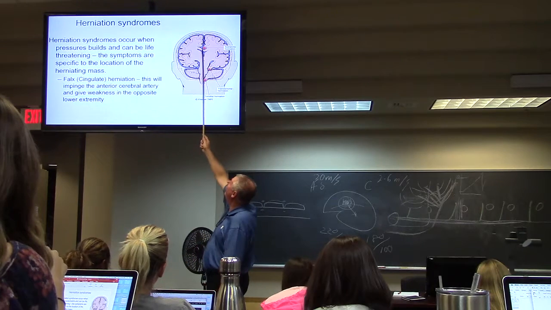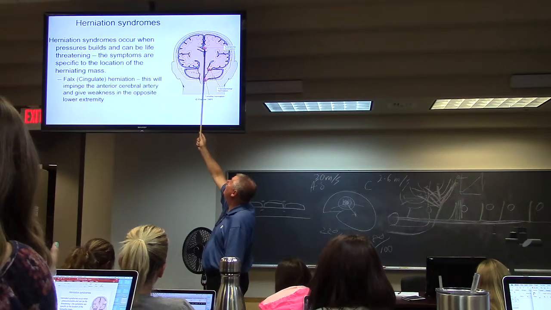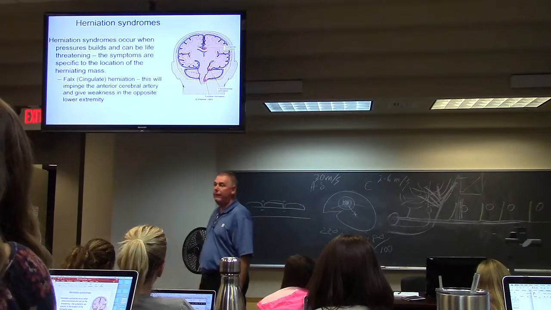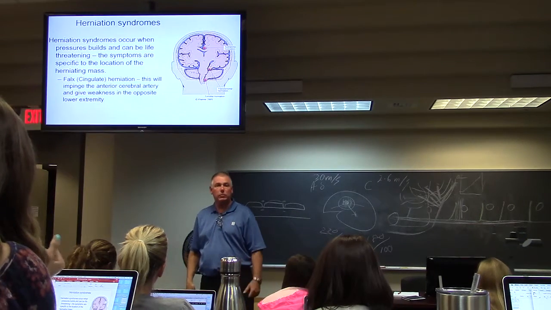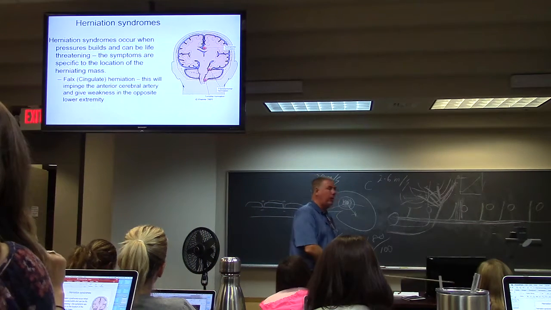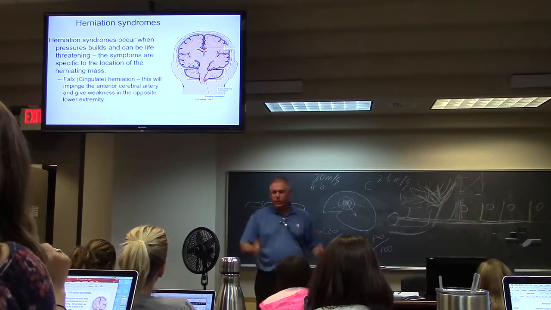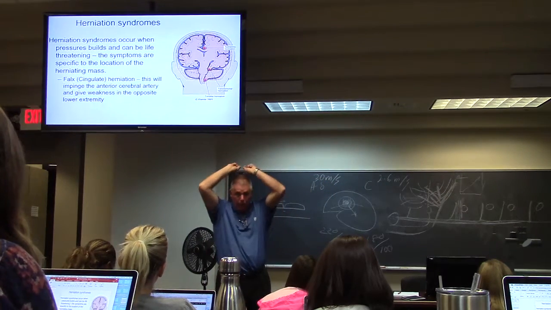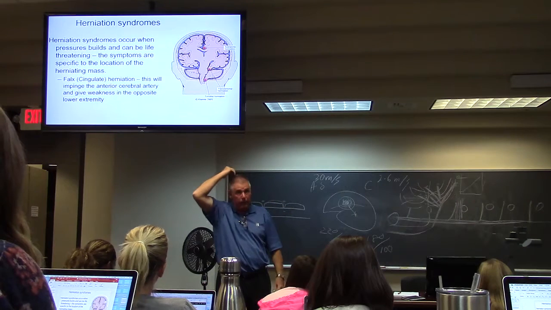This thing right here is called the corpus callosum. That bridge between right and left hemispheres is called the corpus callosum. Sitting on top of the corpus callosum are the anterior cerebral arteries. Remember, they come out and go up and over in between, right?